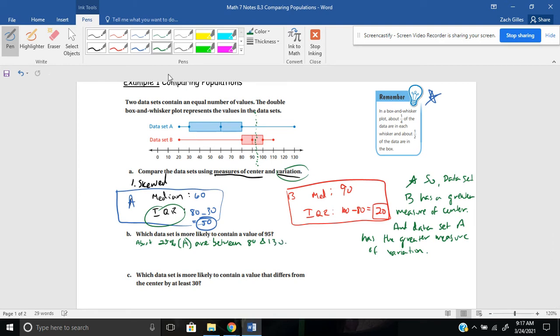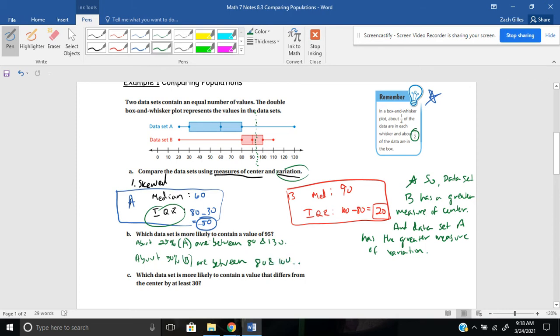Okay. If I look at B, notice that 95 falls in the box. And remember, in the box itself, about half the data is in the box. So about 50% of the data in letter B are between, let's see, our box is between 80 and 100. Okay?